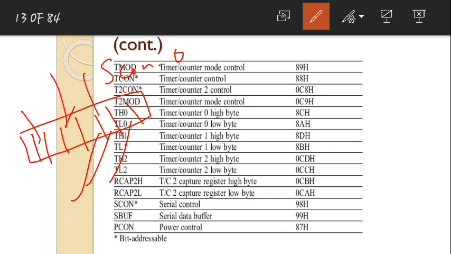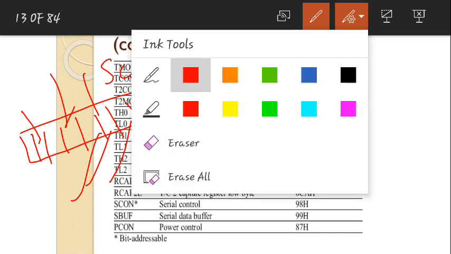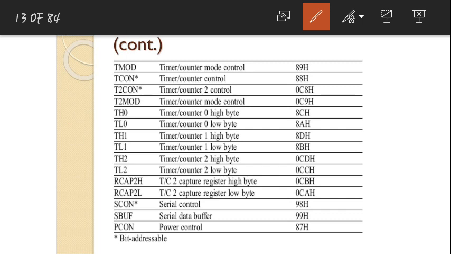That is nothing but bit addressable. Whereas you don't have a star for SBUF and PCON, which means they are not bit addressable. We can't individually manipulate each bit inside those registers. If you want to change that register to some other value, you can't do it with a single bit; you should load the complete 8 bits of the register again.